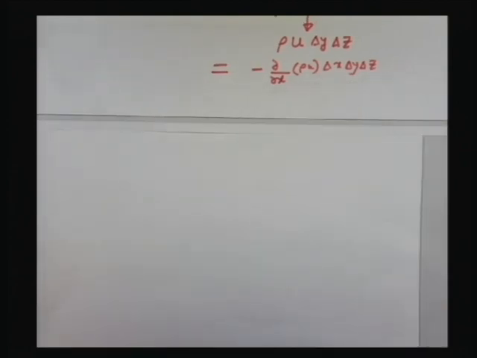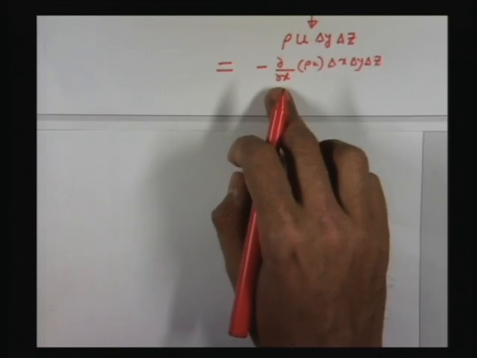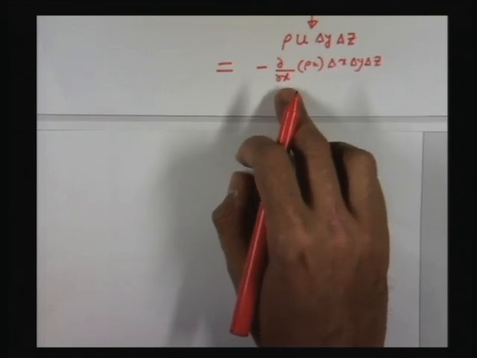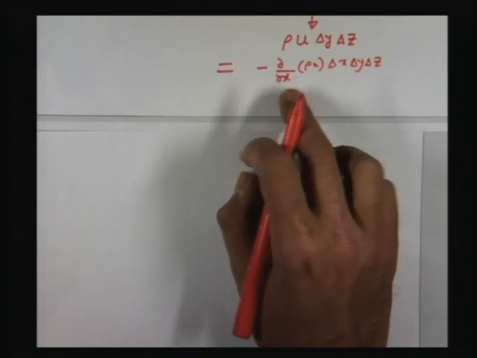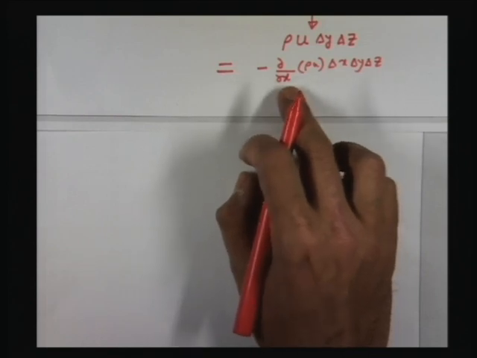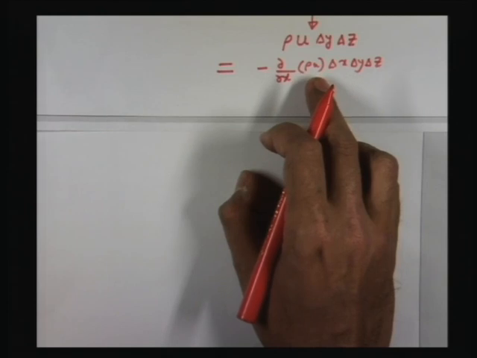So what will be the similar term for y and z? In place of x it will be y, in place of u it will be v for y direction. In z direction, in place of x it will be z, in place of u it will be w.